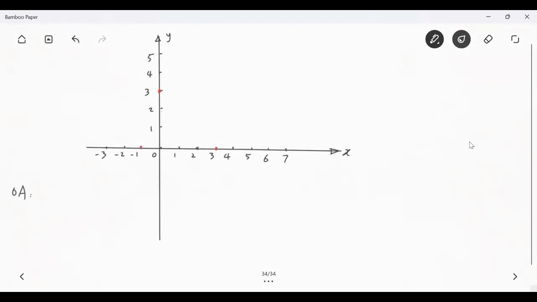The oblique asymptote is y equals 0.5x minus 0.75. When x equals 0, y equals negative 0.75.